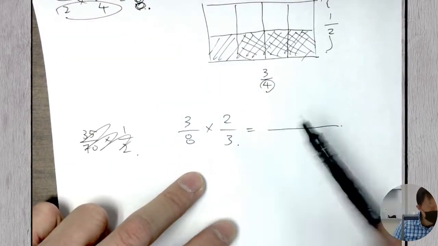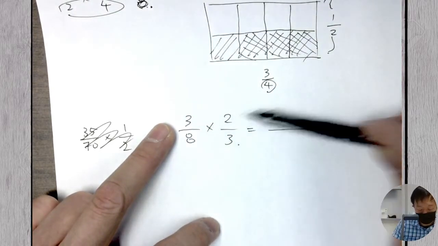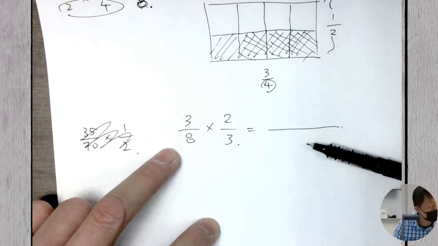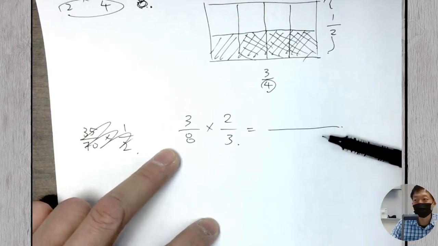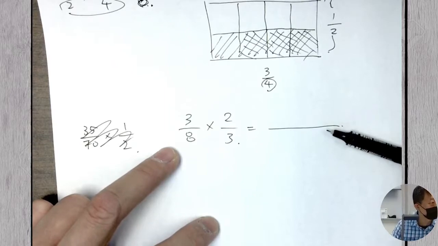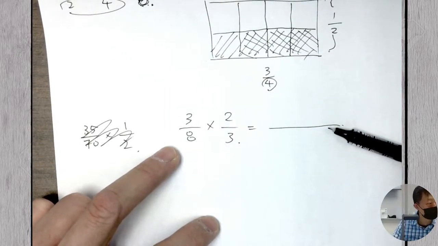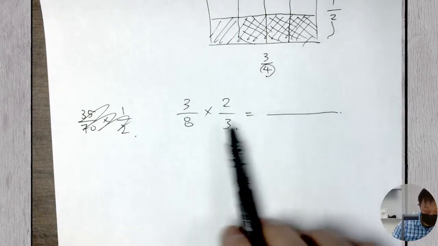Now, you may have the urge to just write down 3 times 2 will be 6, 8 times 3 is 24, if you know your multiplication table well. If you don't know, please recite them every time before your meal. At least recite 3 times together with your prayer to your higher being, whoever you believe.